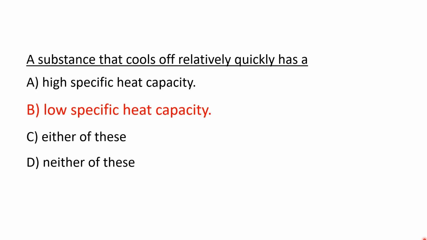Remember, low specific heat means that it has to lose very little energy to change its temperature. So because it has to lose less total temperature, it's probably going to happen faster. Where a high specific heat capacity means more energy is required for the same amount of temperature change, so more than likely it's going to last longer because it has to lose more overall.